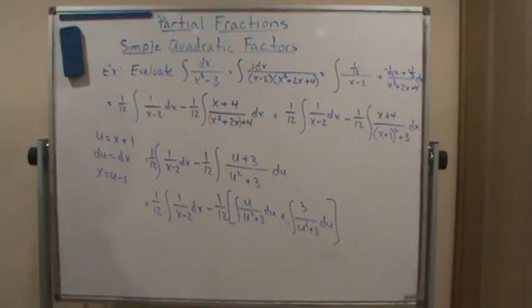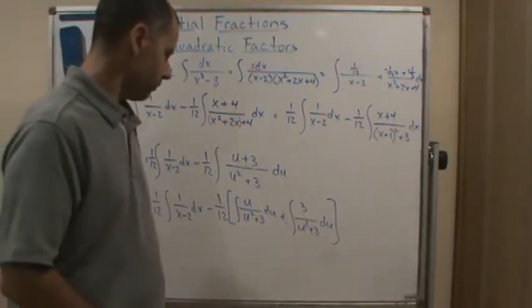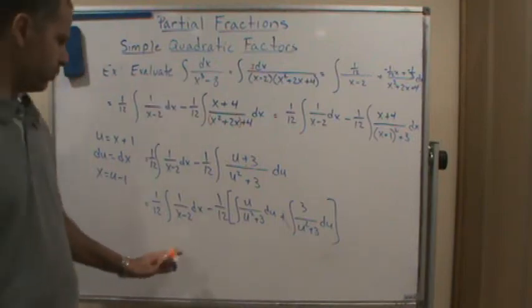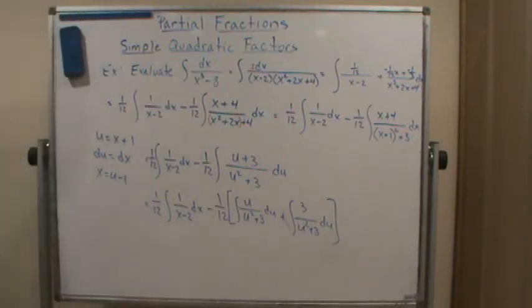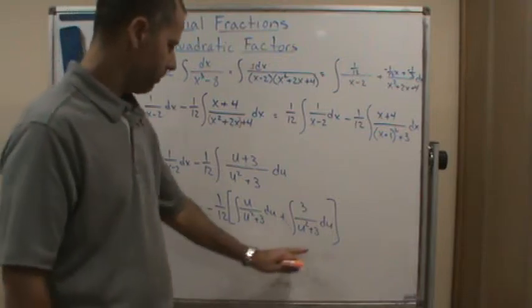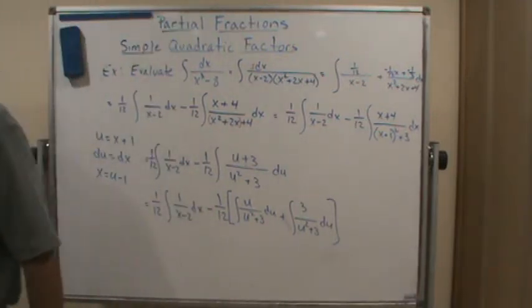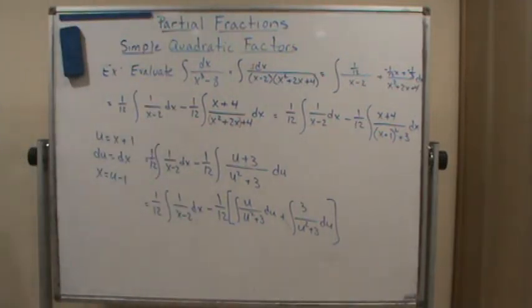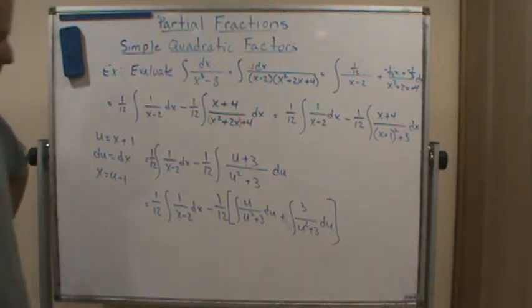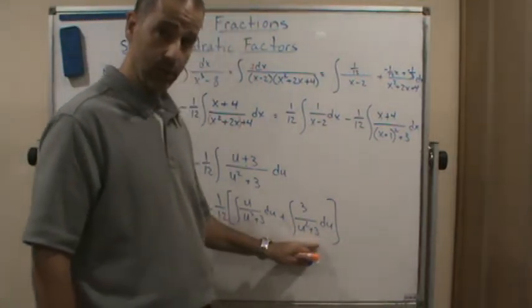So now we're ready to evaluate this thing. This one's good, and this one here we're going to have to look at a little further, because that's going to be a form of tangent inverse.